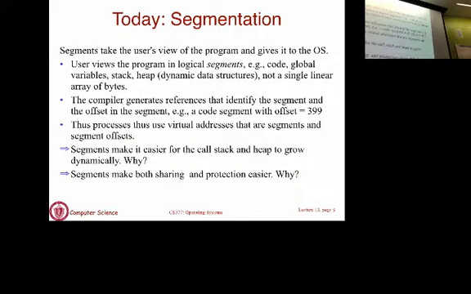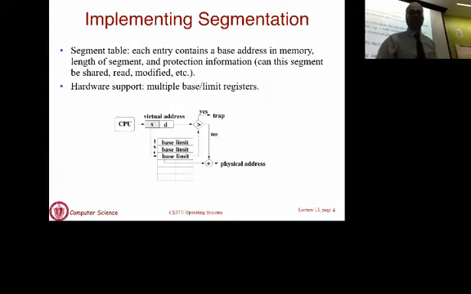If you have this view of a process, can you actually allocate memory that maps better to this view of the process, rather than not looking at what is inside the process and simply allocating memory as a collection of pages? Okay, so we are now going to look at a different scheme called segmentation that is going to try to adapt to this view of the process, the compiler's view of the process. So that's basically what segmentation means, and we'll see how this is done.